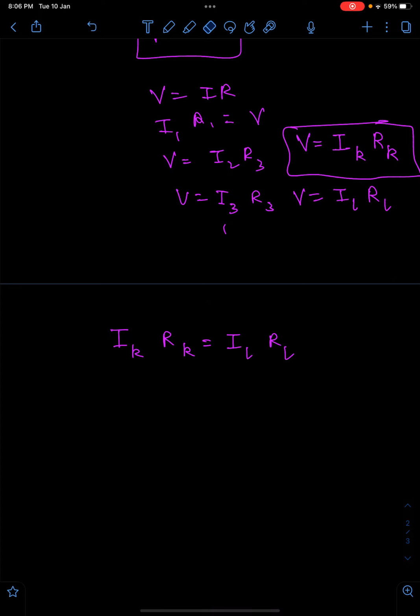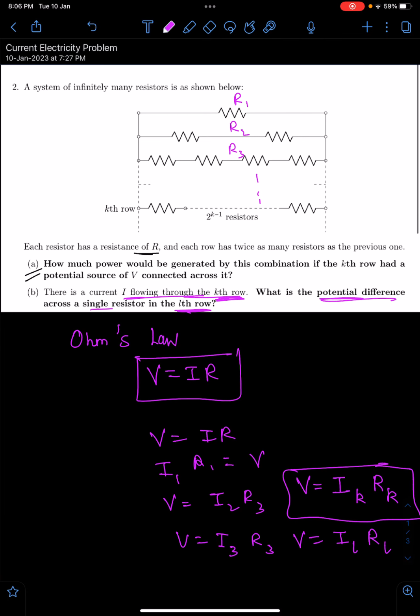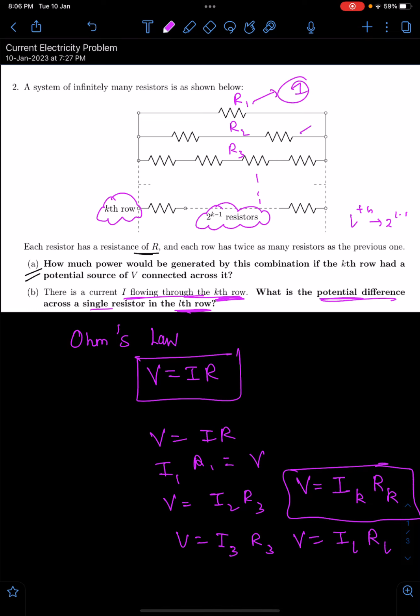Now most of the problem is completed. So see, the kth row has how many resistors? 2 to the power k minus 1 resistors. So the lth row will have 2 to the power l minus 1 resistors. See, the first row has 1 resistor, the second row has 2 resistors, the third row has 4 resistors.